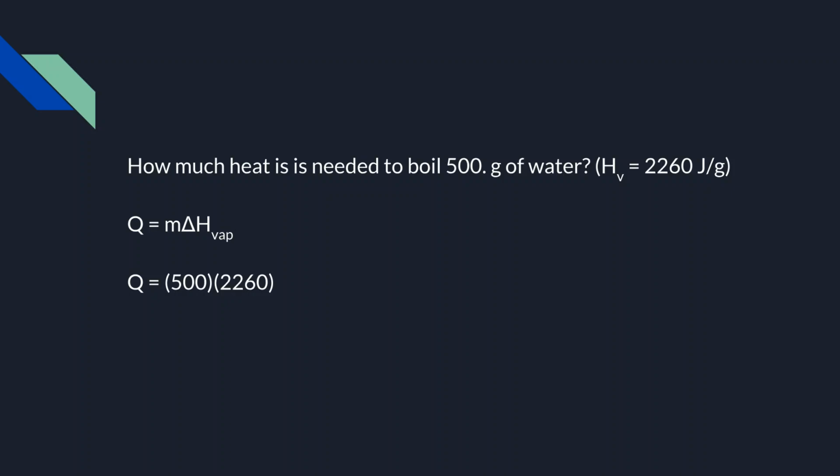They give us the 500 grams of liquid water, and since that is heated with the heat of vaporization 2,260, you multiply the mass, 500, times 2,260, and the heat needed to boil the 500 grams of water would be 1,130,000 joules.